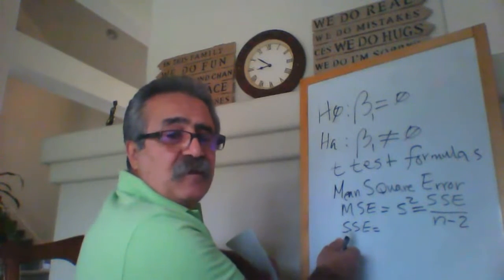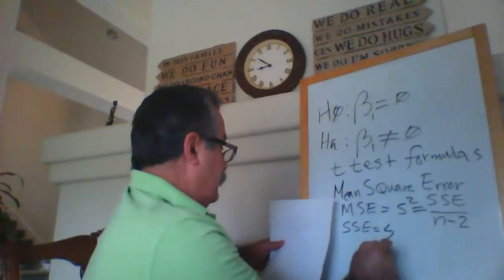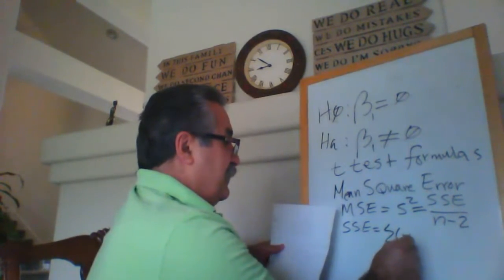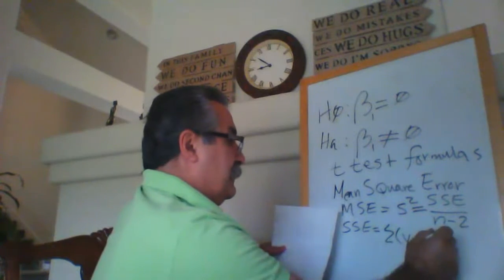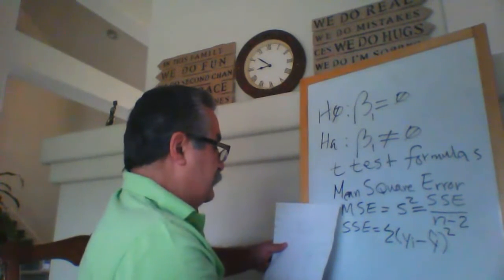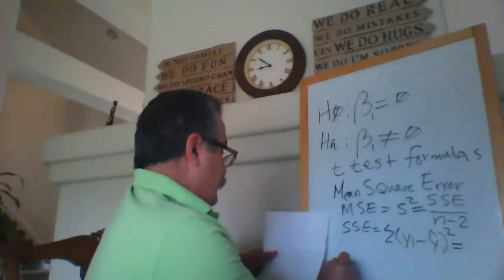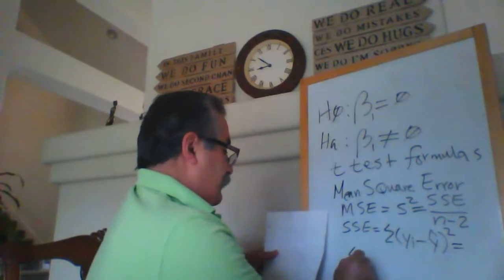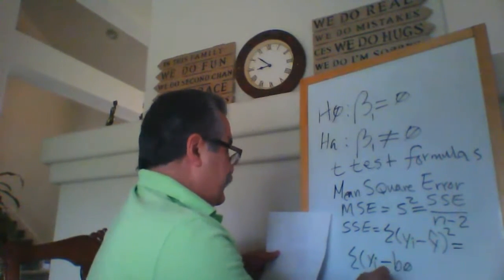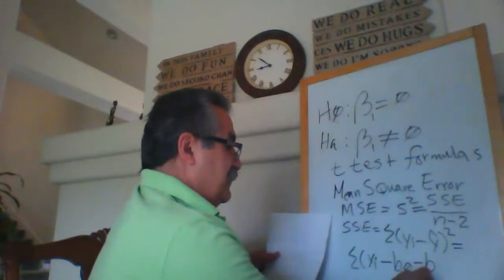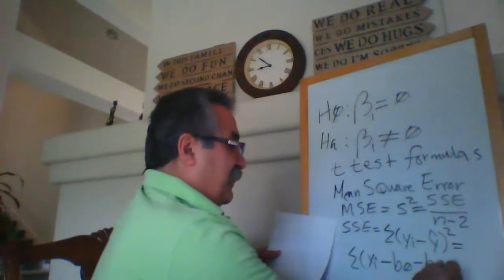Least squared method, those of you remember least squared method. SSE is equal to sigma of yi minus y hat square, and that is also equal to sigma of yi minus b0 minus b1x squared.